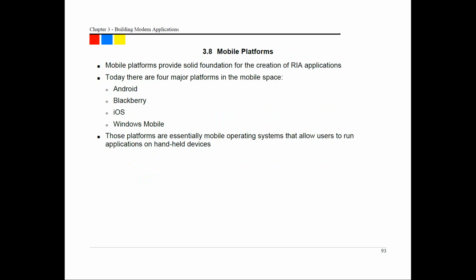So, if you have a front-end app that is using Angular, no reason the backend for front-end cannot be the same between the Angular app and the BlackBerry and the iOS app and the Android app. Okay. So they're basically mobile operating systems that let users run applications on handheld devices.